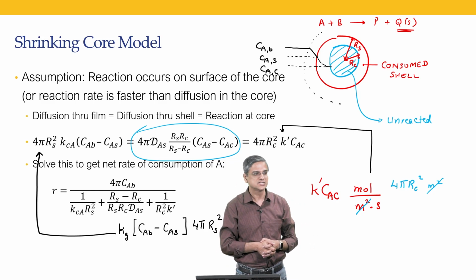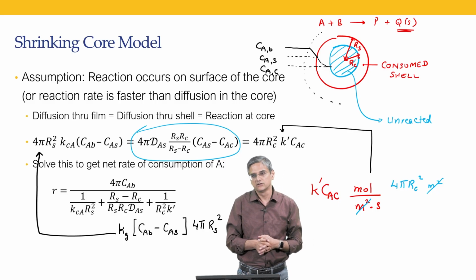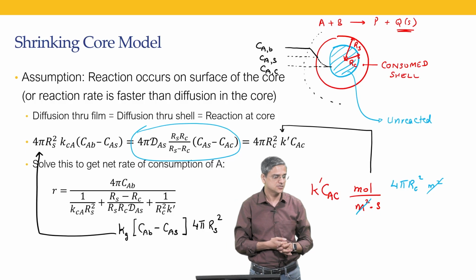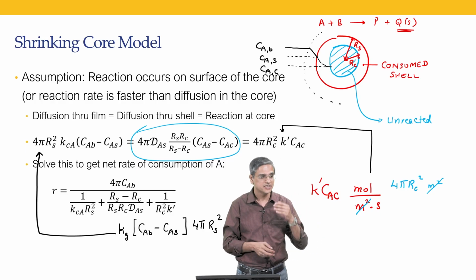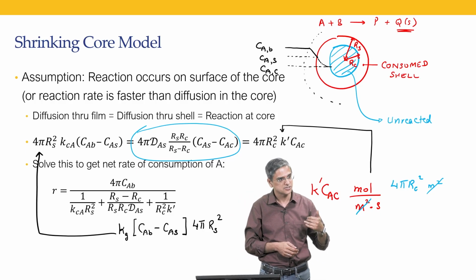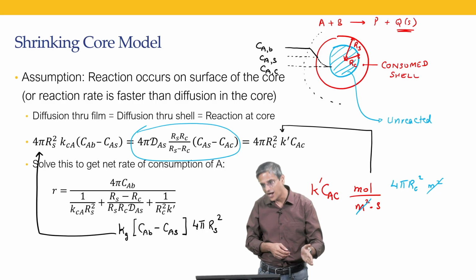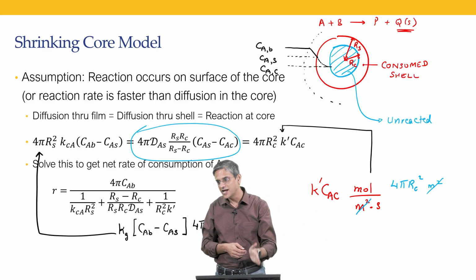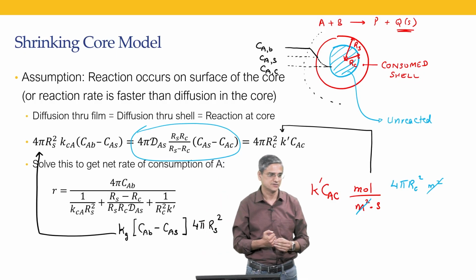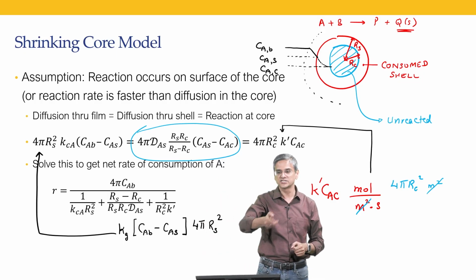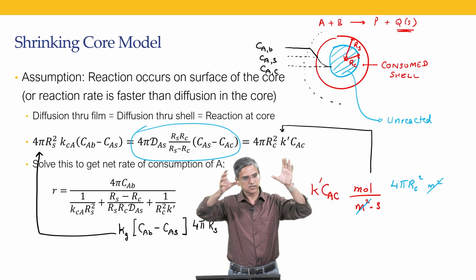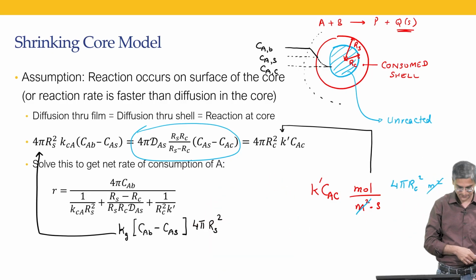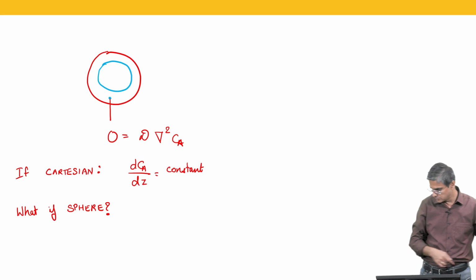Companies like Intel and AMD, which you have heard of, and other companies like Foxconn and so on, perhaps you have heard of them also, hire chemical engineers a lot. They hire you for your ability to understand reactions in the presence of mass transfer, just in a different context than shrinking core, where it is a growing pattern in microelectronics.